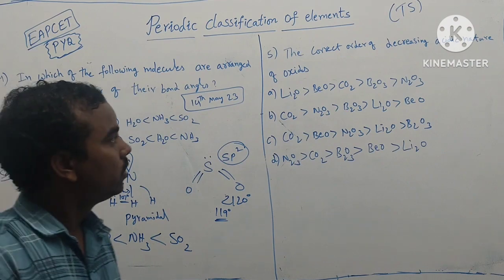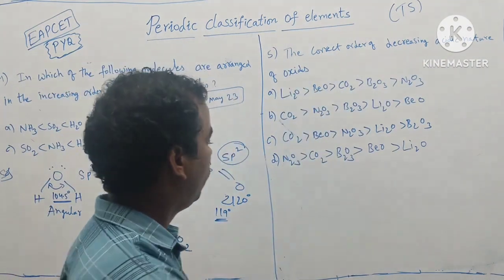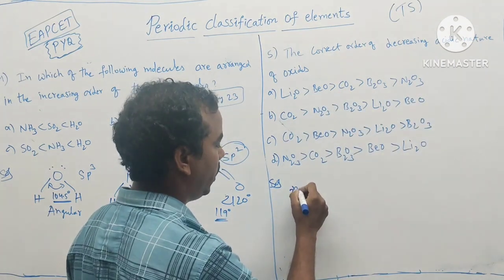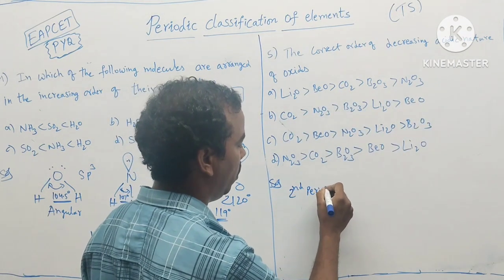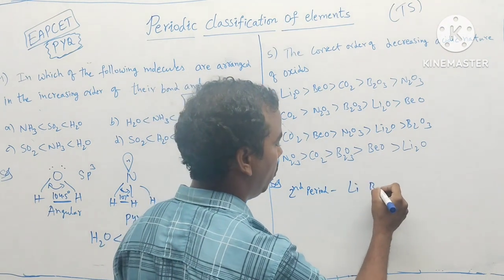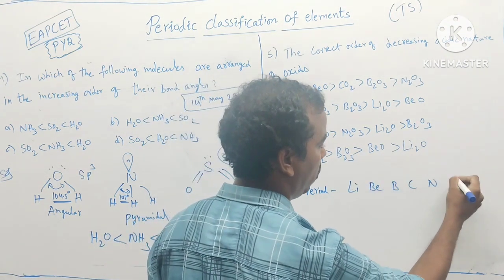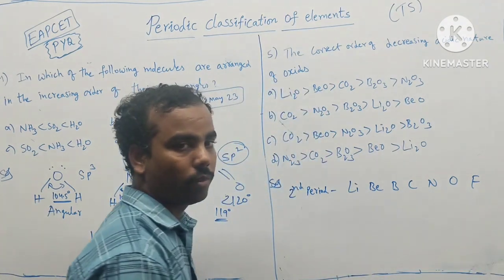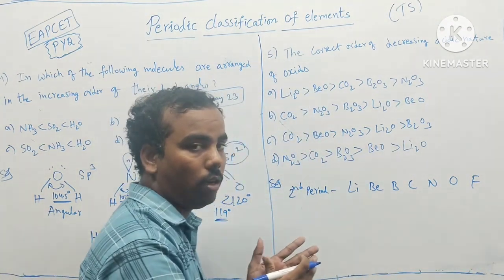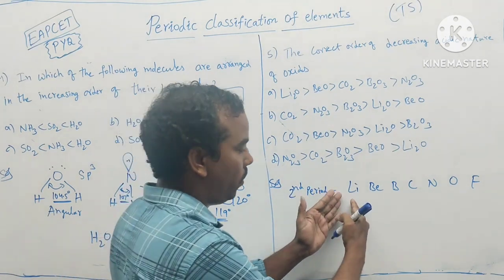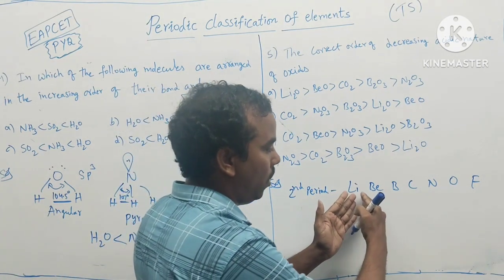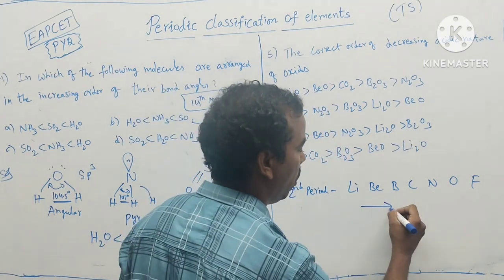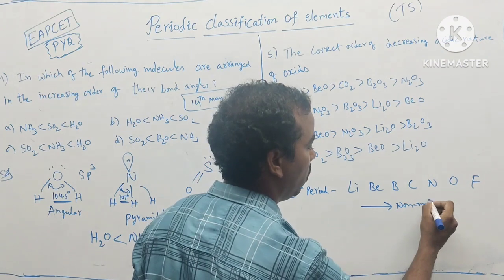So note this one. Next, the correct order of decreasing acidic nature of oxides. Lithium, beryllium, boron, carbon, nitrogen, oxygen, fluorine, neon are second period elements. Left to right, which nature increases, metallic or non-metallic? The first elements are metals. Left to right, non-metallic nature increases.